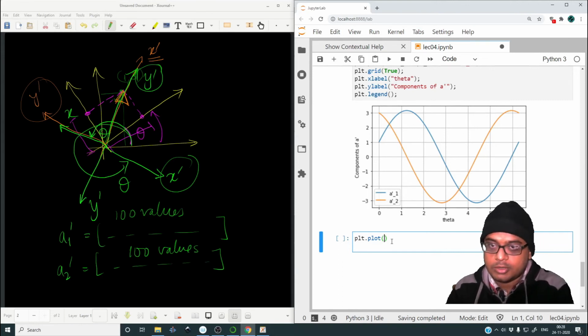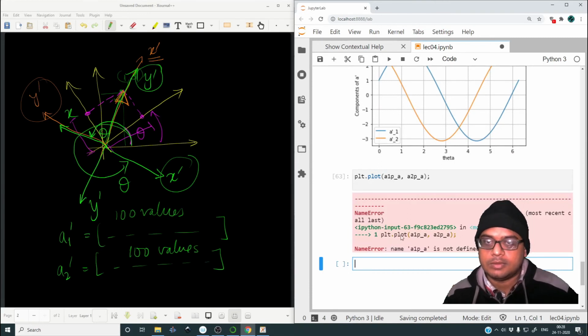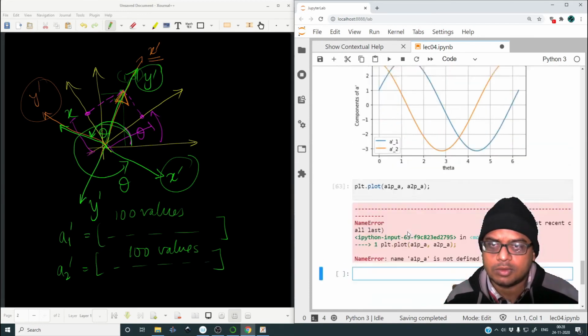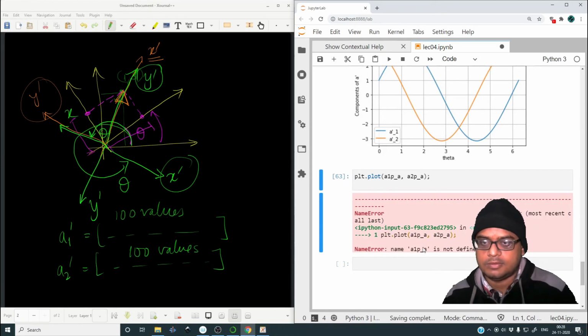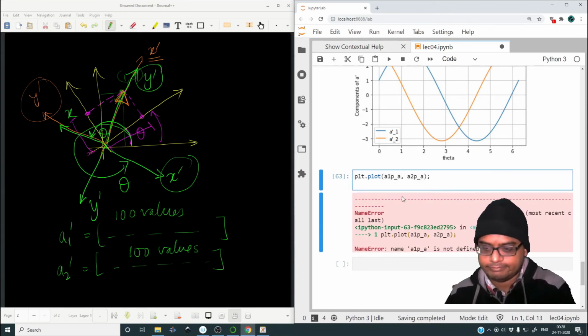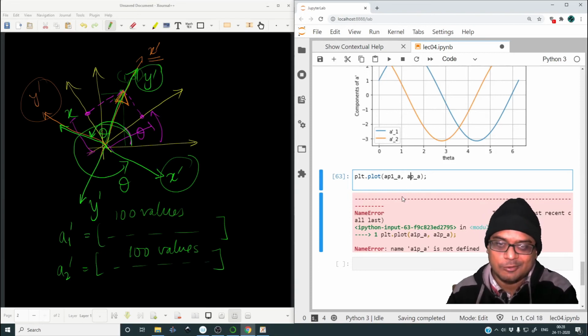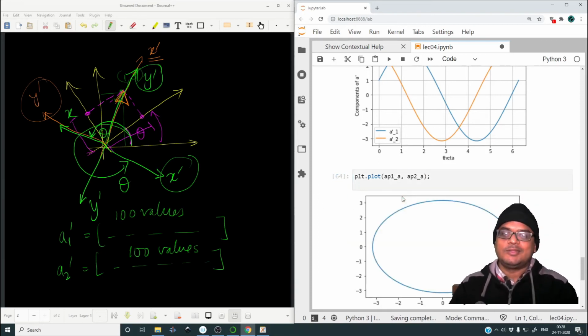So we will plot a1 prime underscore a and a2 prime underscore a. Oops, so this is a prime 1. One should always be careful with the variables. So it looks like a circle.